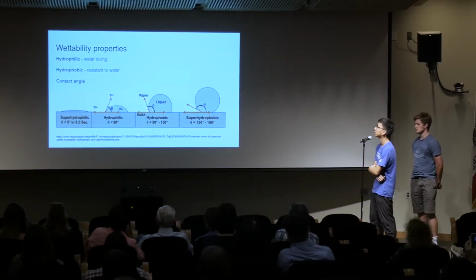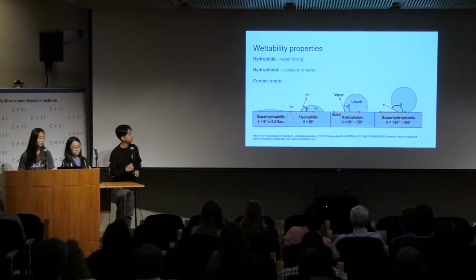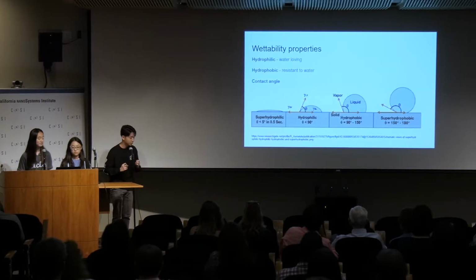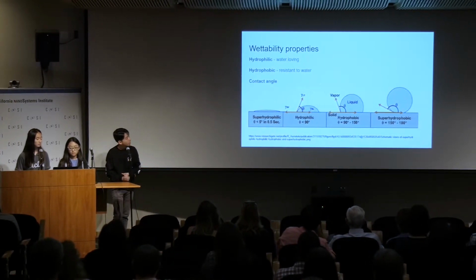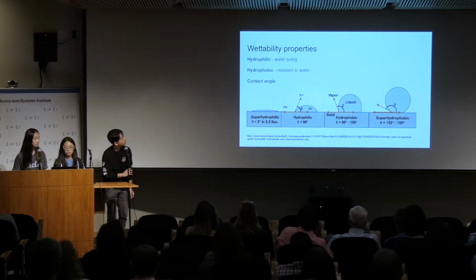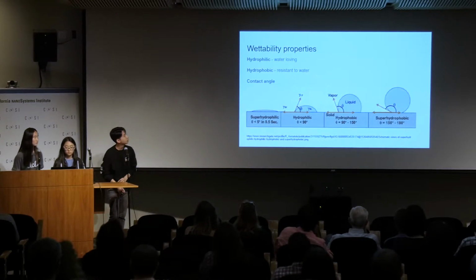Here is a brief explanation of wettability properties. Wettability basically measures how water adheres to a solid surface. It has 4 properties: superhydrophilic, hydrophilic, hydrophobic, and superhydrophobic.